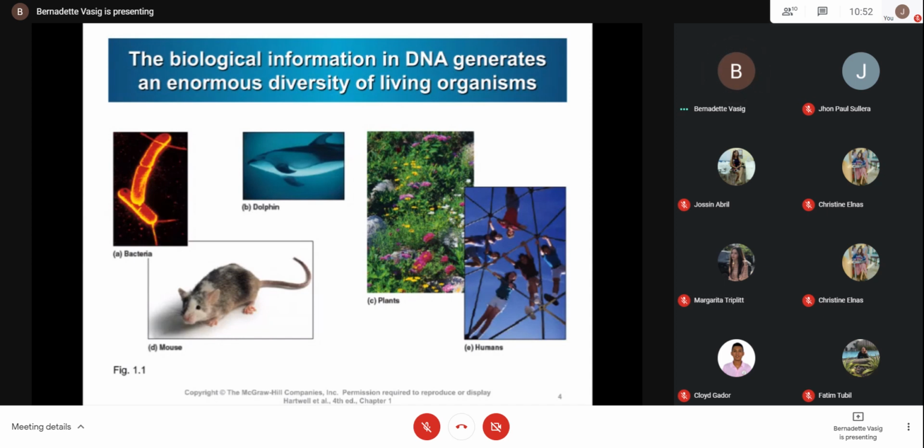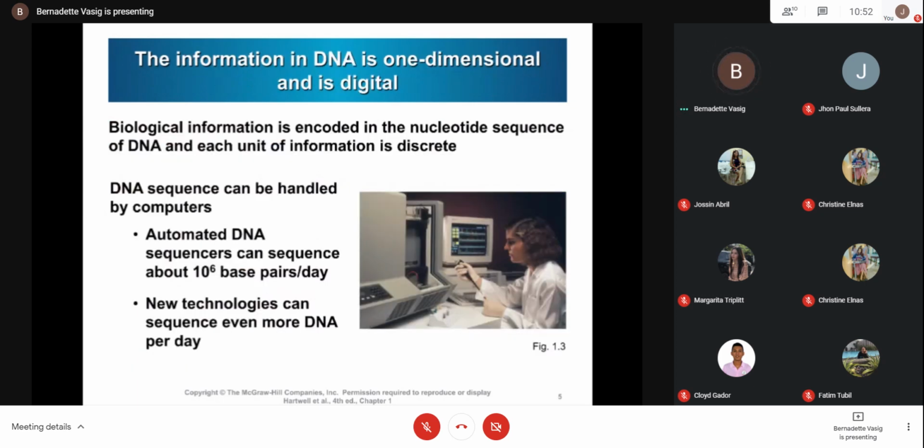We know what is called gene expression. It may be less expressed, overexpressed, and then there is also consideration of when and how these genes are expressed. We know the so-called regulatory networks for gene expression. Now, biological information is encoded in the nucleotide sequence of DNA, and each unit of information is discrete.